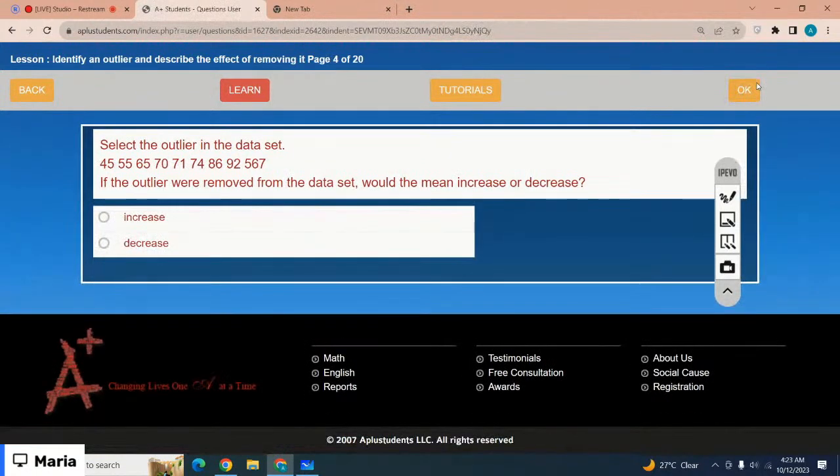Select the outlier in the given dataset: 45, 55, 65, 70, 71, 74, 86, 92, and 567.